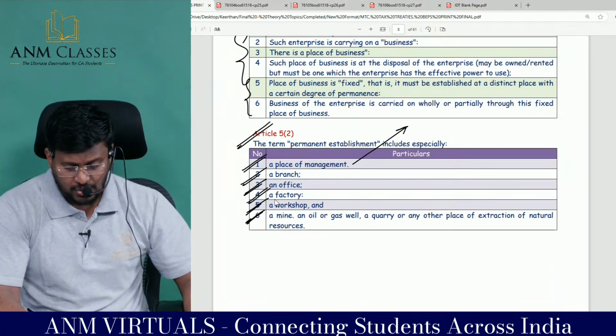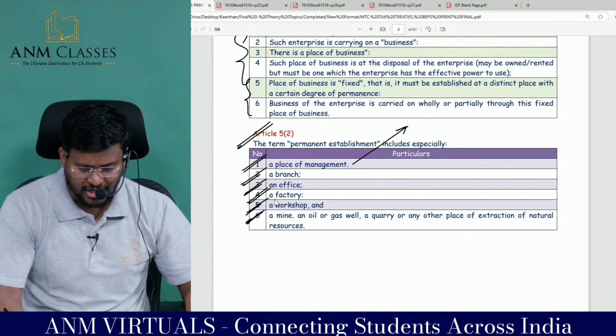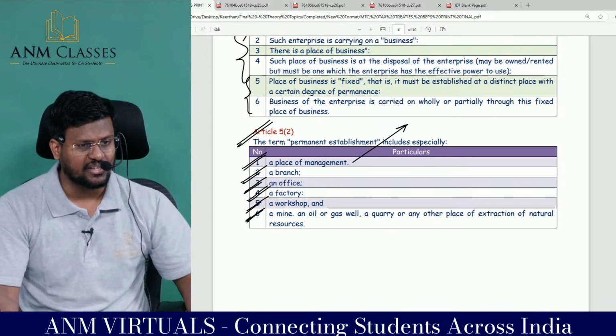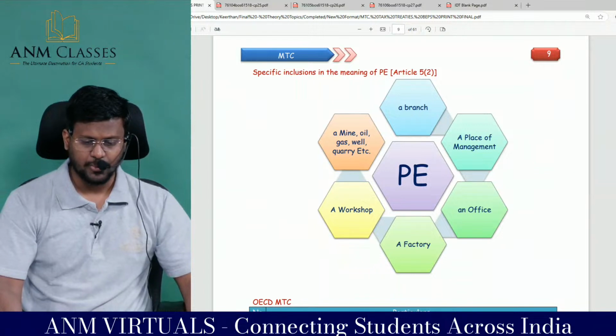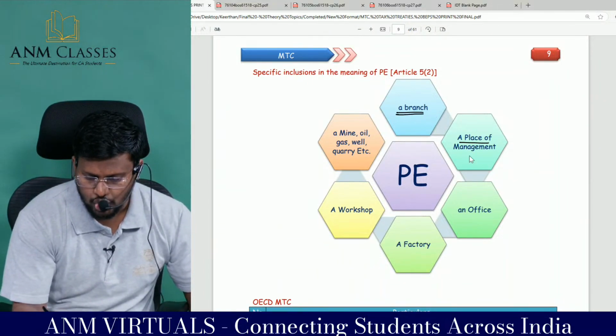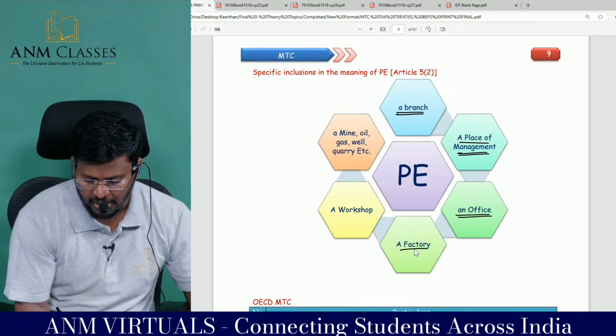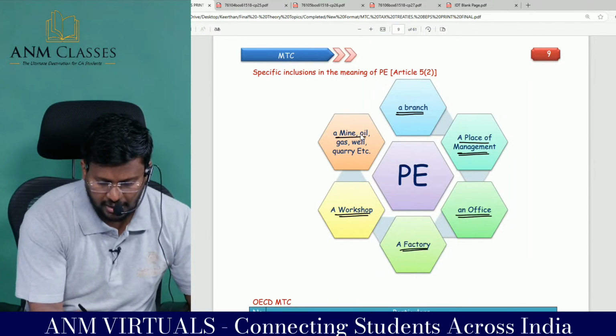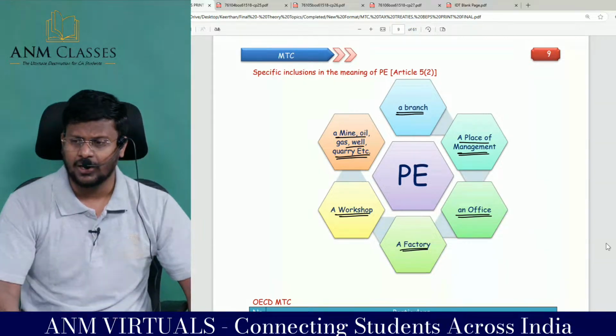Or a mine, oil or gas well, or quarry or any other place of extraction of natural resources is there, then we can say that there is a permanent establishment. So as per Article 5.2, permanent establishment includes a place of management, a branch, an office, a factory, a workshop, or a mine, oil or gas well, or quarry.